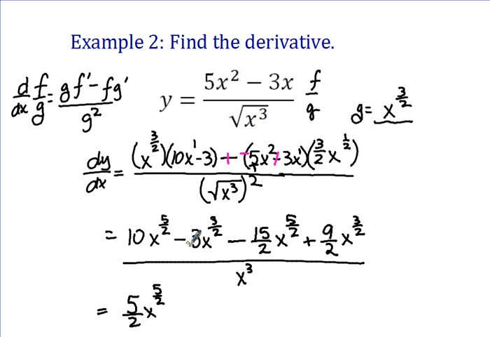And then negative 3x to the 3 halves plus 9 halves x to the 3 halves. 3 would be 6 halves. So negative 6 halves plus 9 halves would be plus 3 halves x to the 3 halves. Interesting how that worked out. And of course all of this is still, I'm kind of out of room at the bottom of my board here, all of this is over x to the third.